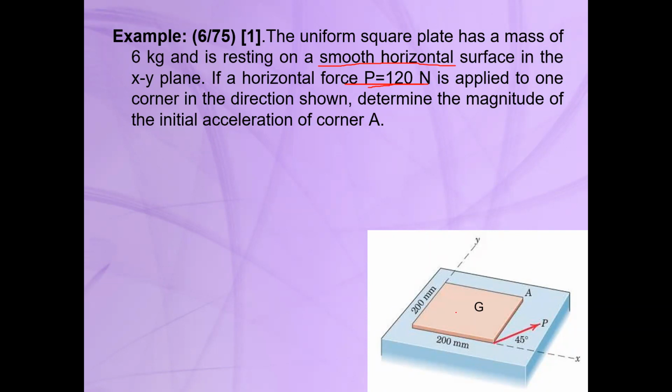Easily we can find the acceleration for the plate, the angular acceleration and the linear acceleration, of course, for the mass center. And then using the relative acceleration equation, we can find the acceleration for point A, because these 2 points are located on a rigid body.